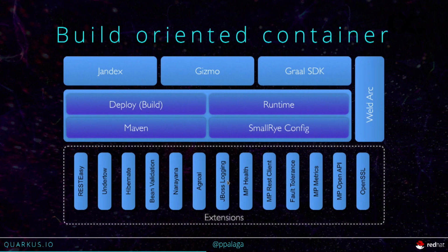So this is the overall diagram showing the architecture of Quarkus. This actually resembles very much how WildFly looks. Here at the bottom, there are things that have a long history inside WildFly as WildFly subsystems, for RESTEasy, Undertow, Hibernate, and so on.